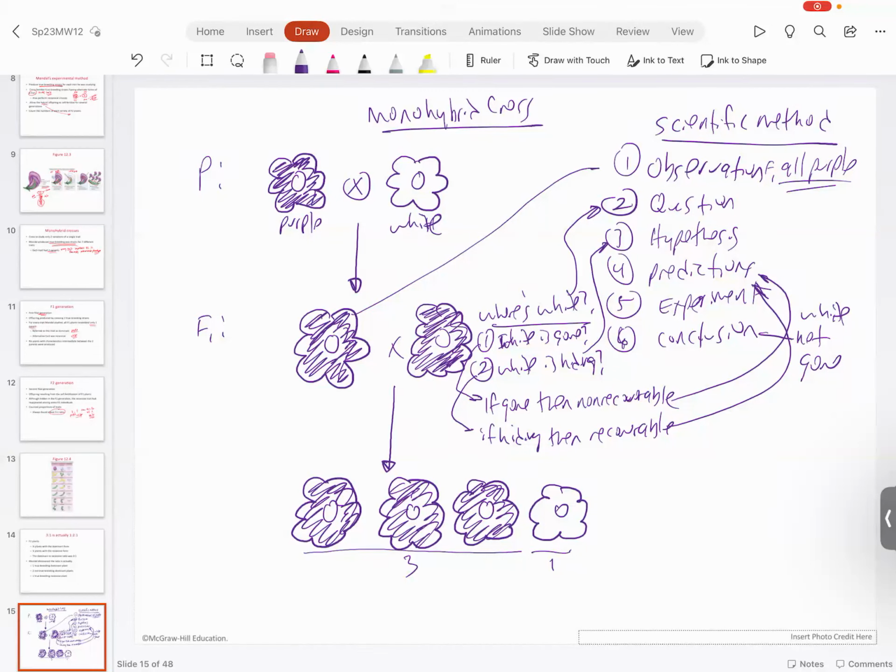Why? Because in the F2s, I get it all back. So you can see how he pretty much used all 6 steps of the scientific method. Very clear, very simple, and he got a lot of good data.